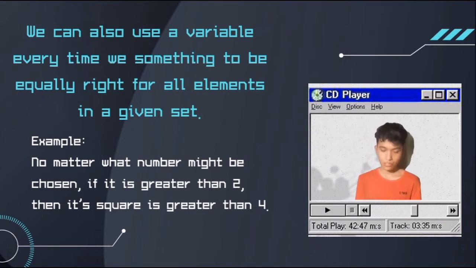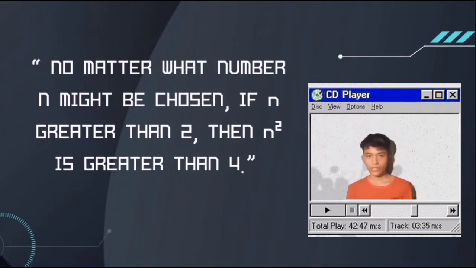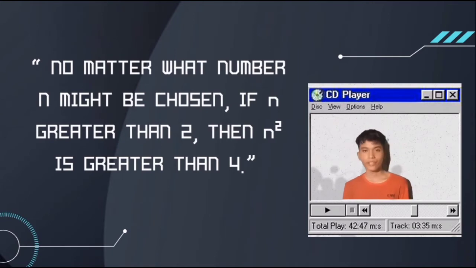In this sentence, we can use a variable to maintain the majority of the statement. No matter what number n might be chosen, if n is greater than 2, then n squared is greater than 4.